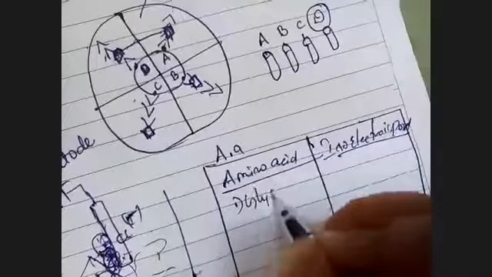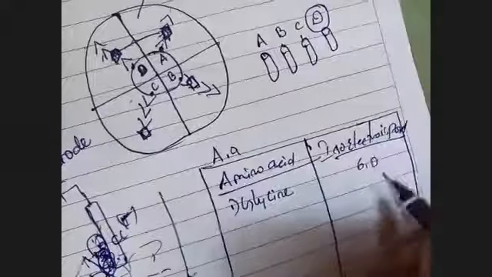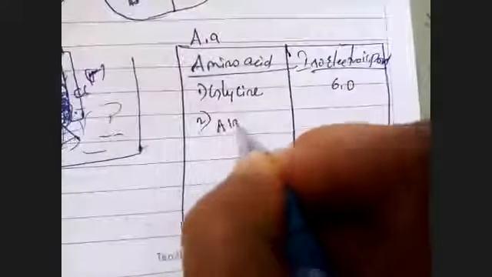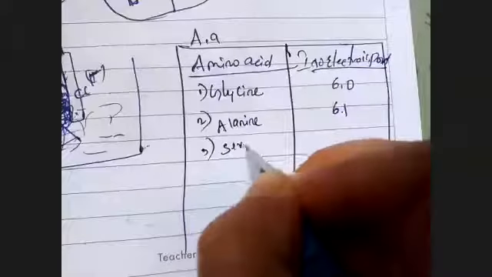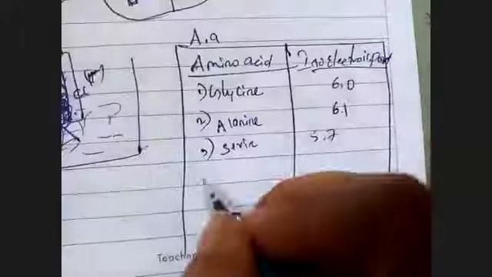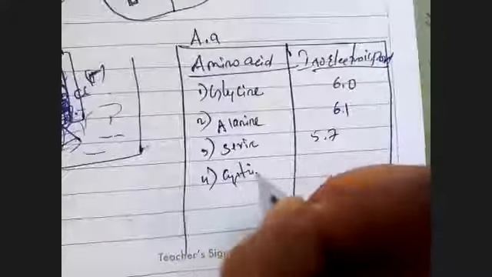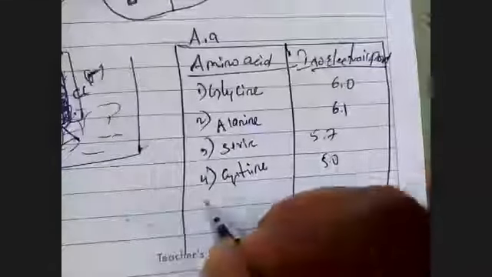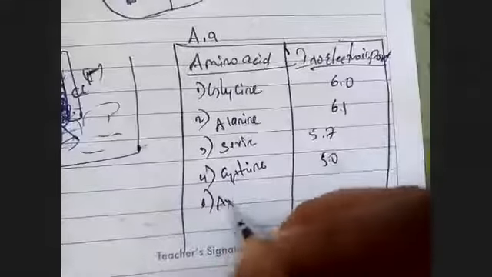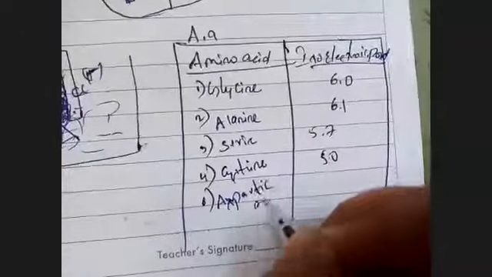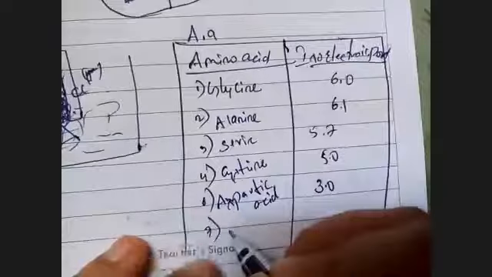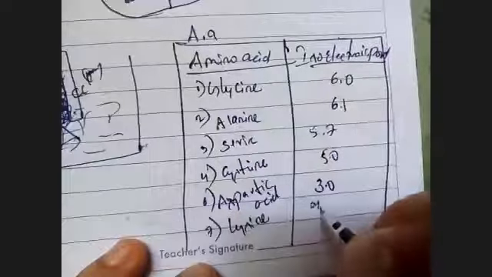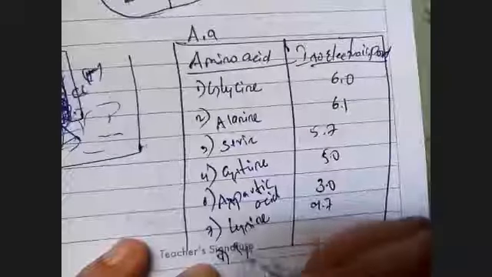Glycine 6.0, alanine 6.1, serine 5.7, cysteine 5.0, aspartic acid 3.0, 9.7, tyrosine.